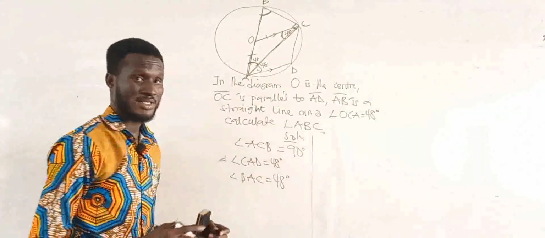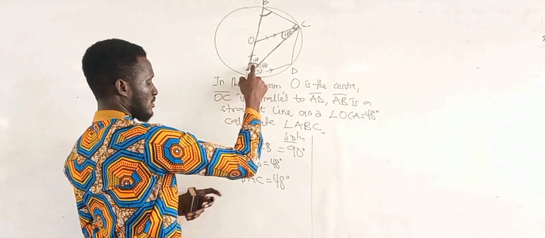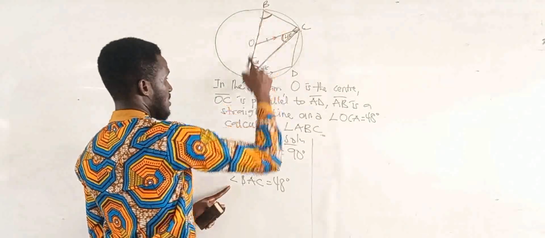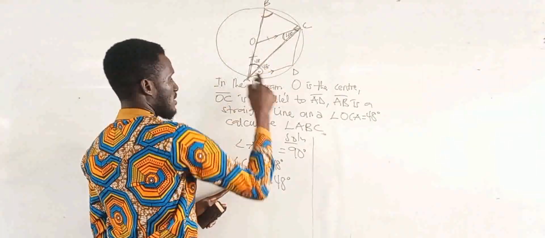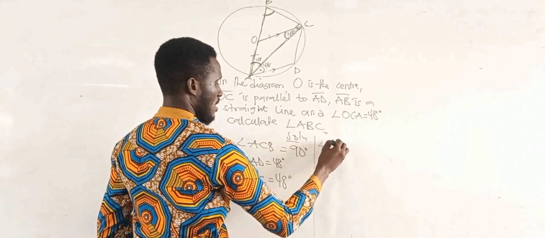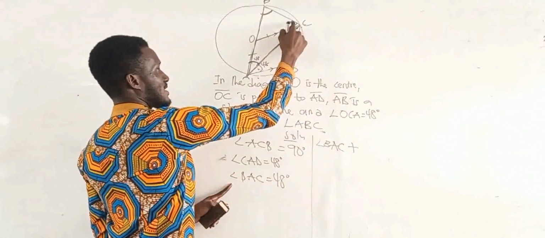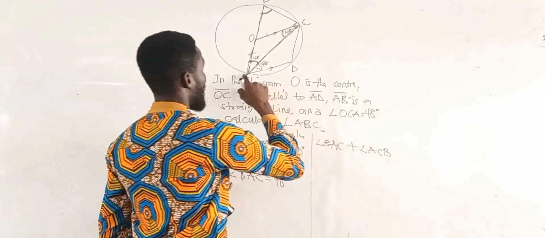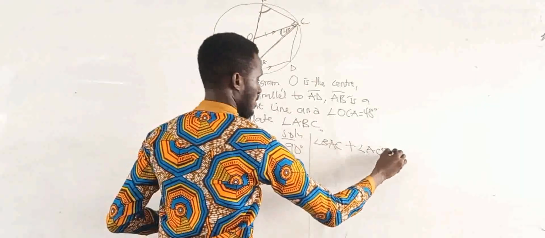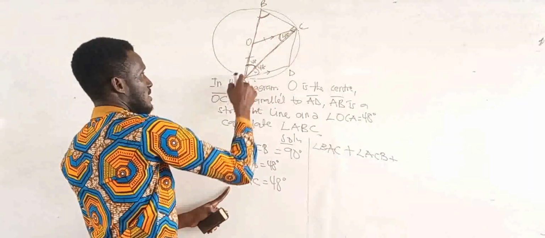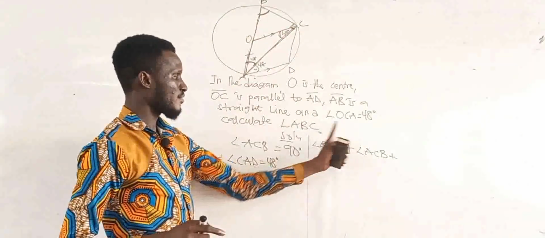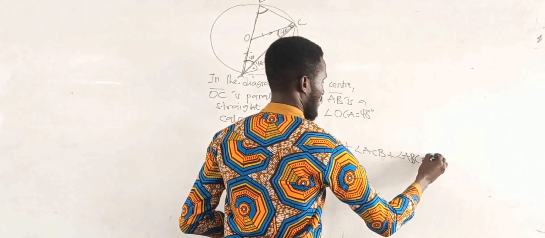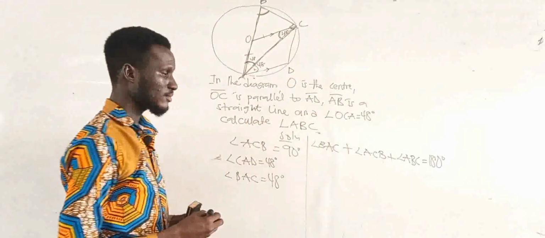So this side is angle CAD, this side is angle BAC. So I'm going to have angle BAC plus this angle, which is angle ACB, plus this angle, which is ABC. Of course, we are looking for ABC. So it supposed to give us 180 degrees.